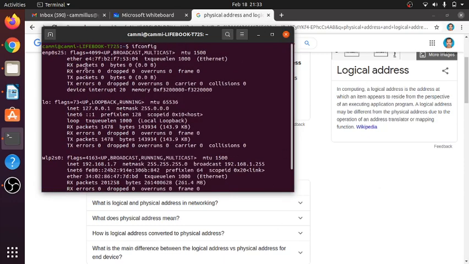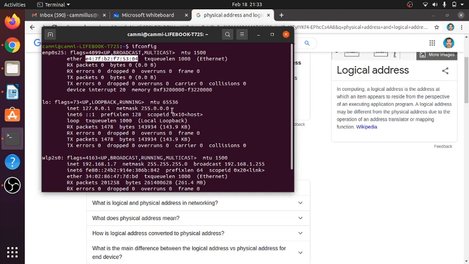You can see here, this is my hardware address. It is 6 bytes of data. So E4 is 8 bits, 7F is 8 bits, B2 is once again 8 bits. So it is 6 bytes of data.